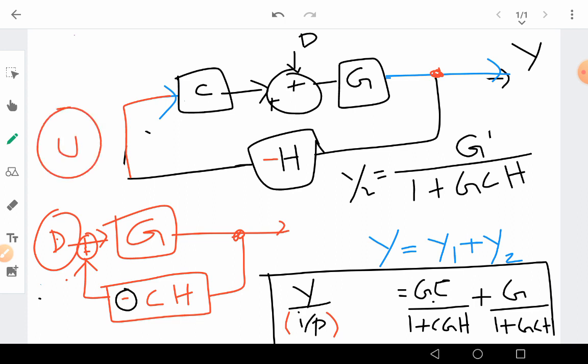It is better to write G into C multiplying the input U, and G multiplying the input D. This is the best way to write the response: Y equals G into C over 1 plus CGH for input U, plus G into D over 1 plus GCH for input D. So when there are two inputs, you need to use a superposition kind of method to get the response.